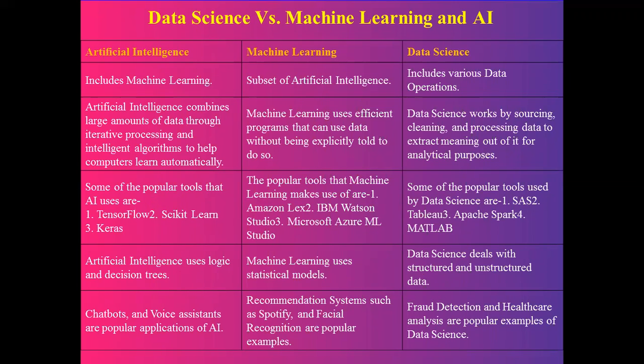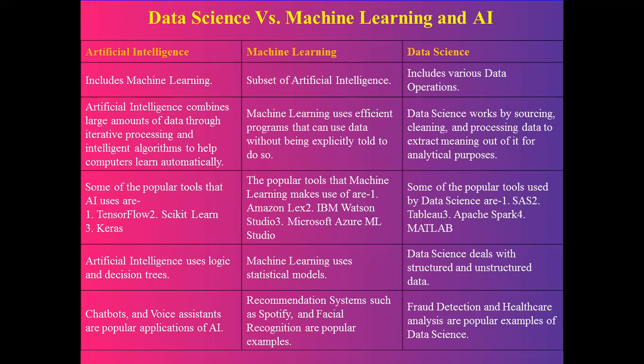Artificial intelligence combines large amounts of data through iterative processing and intelligent algorithms to help computers learn automatically. So some things happen automatically.